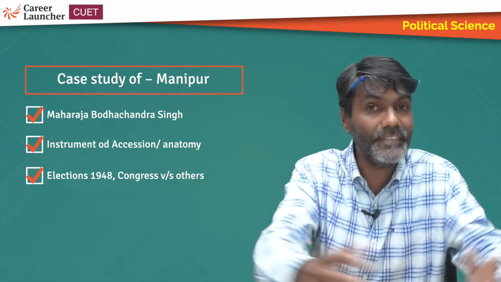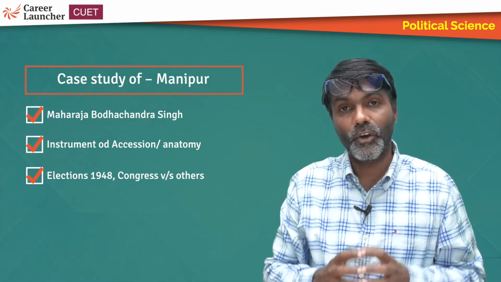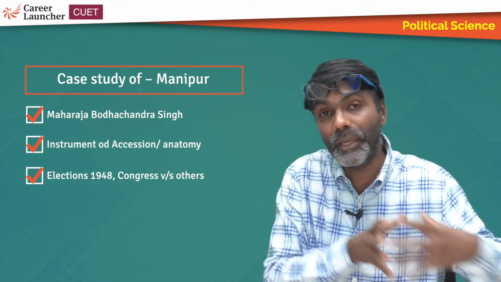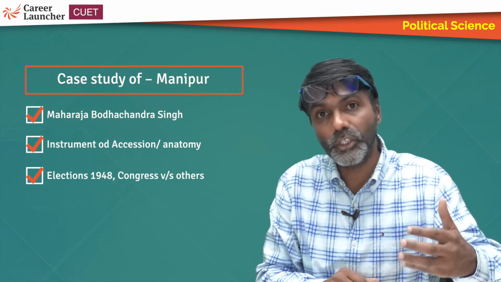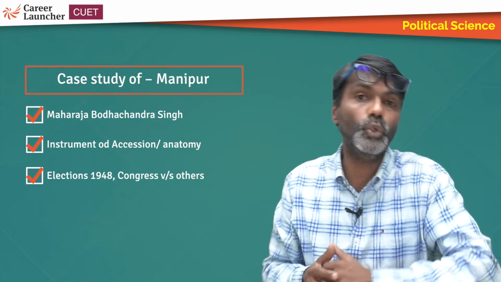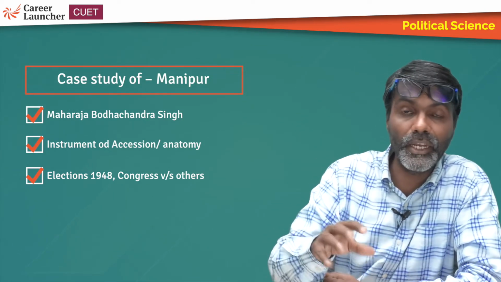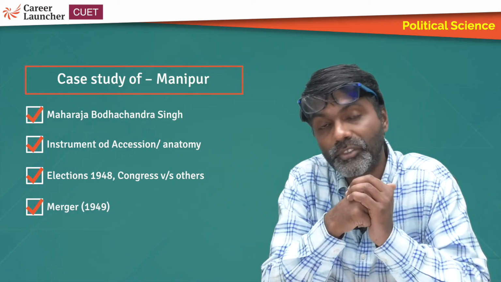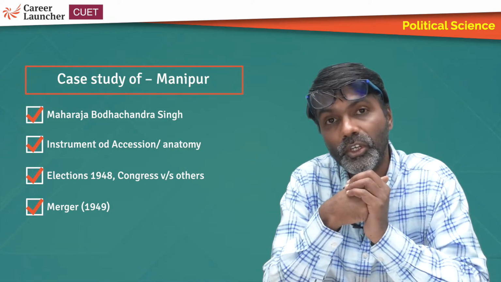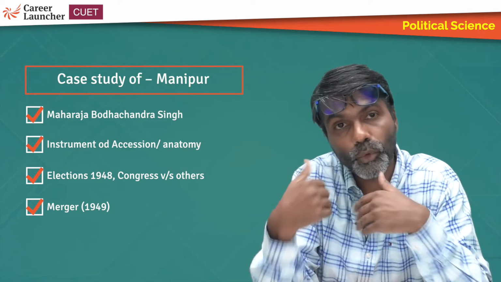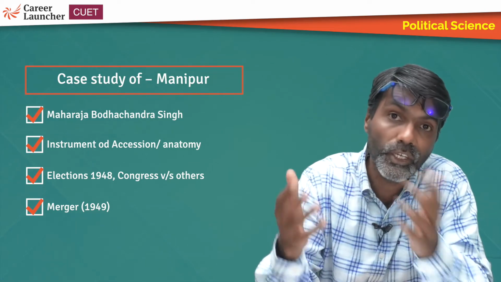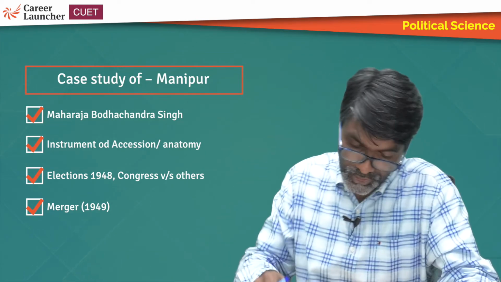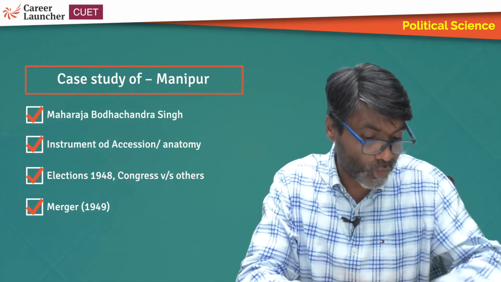Then in the Legislative Assembly, all the Congress MLAs raised the issue that Manipur should be integrated into the Indian Union, whereas the MLAs from other parties opposed it. But soon the matter got settled because people rose in large numbers in support of integration into the Indian Union. That resulted in Manipur becoming part of India in September 1949.